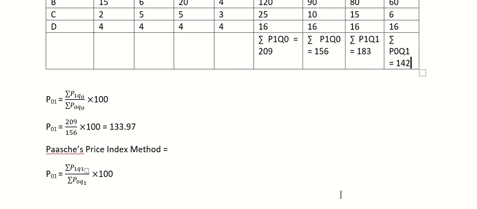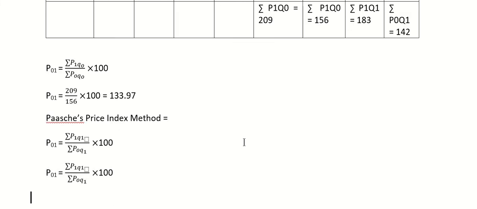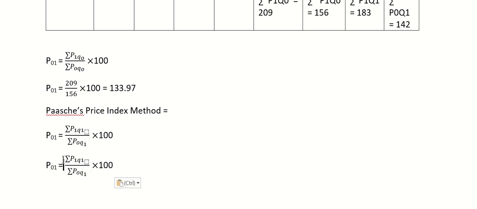Now we'll put these values into the formula. So the summation of P1 Q1 is 183 and P naught Q1 summation is 142, and we'll just solve it.